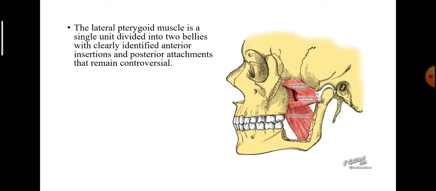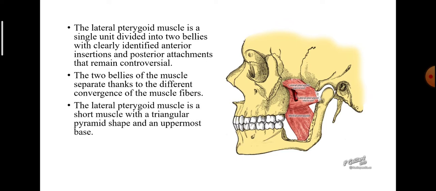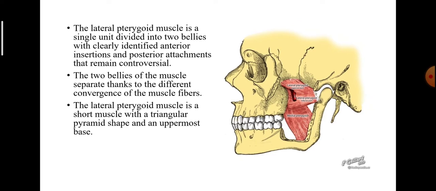The lateral pterygoid is a single unit divided into two bellies with clear identified anterior insertions and posterior attachments that remain controversial. The two bellies of the muscle separate thanks to the different convergence of the muscle fibers, and the lateral pterygoid is a short muscle with a triangular pyramid shape and an uppermost base.